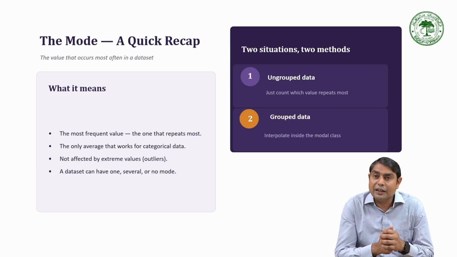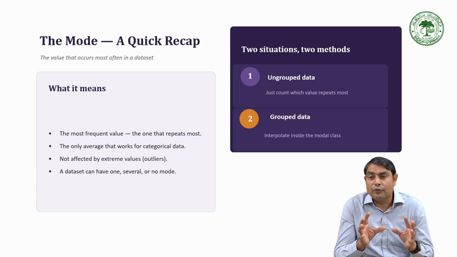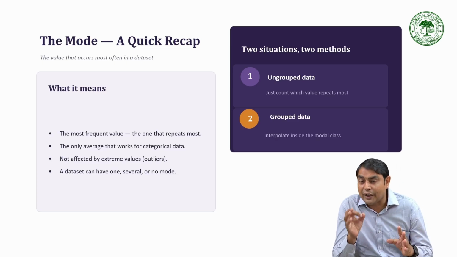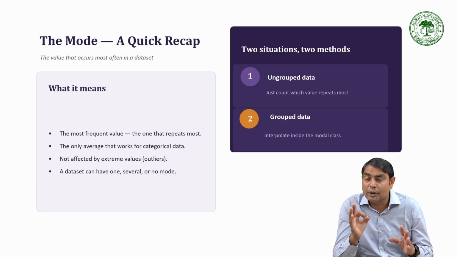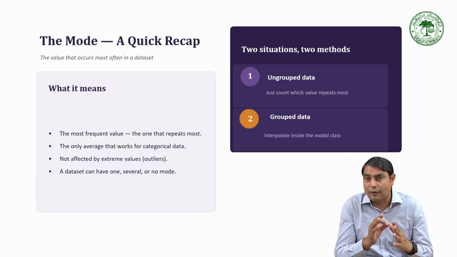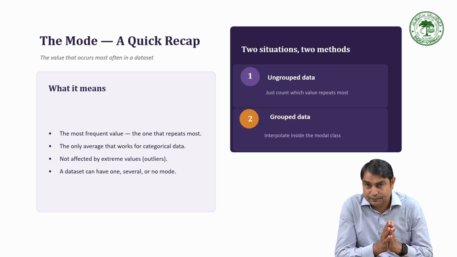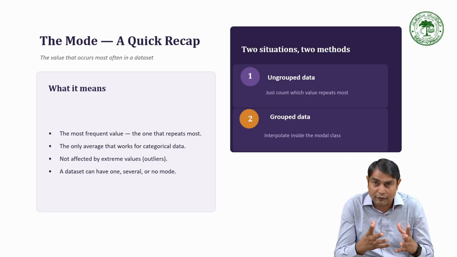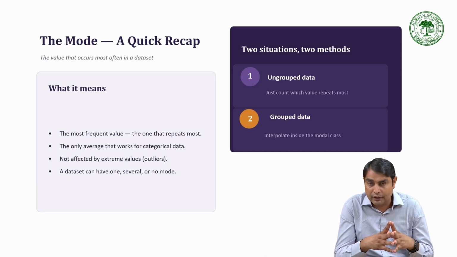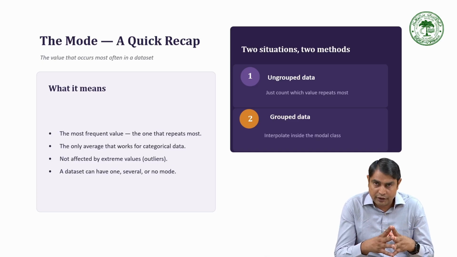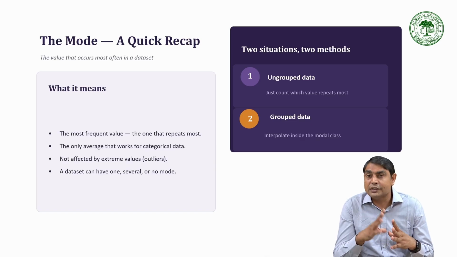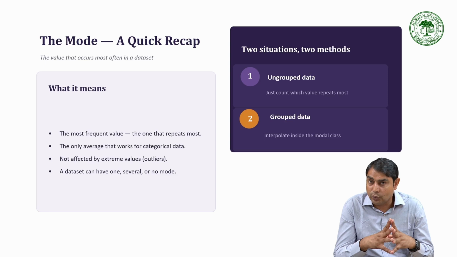You can't take the mean of favorite color, but you can find the most common choice of the people for favorite color, the most popular favorite color, right? If data is categorical, mean is irrelevant, mode is the appropriate way.